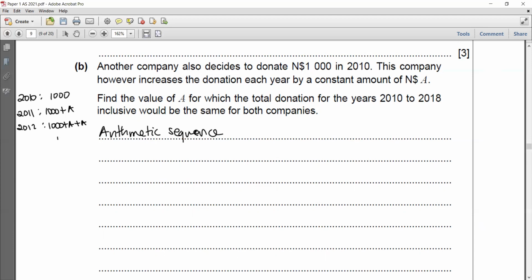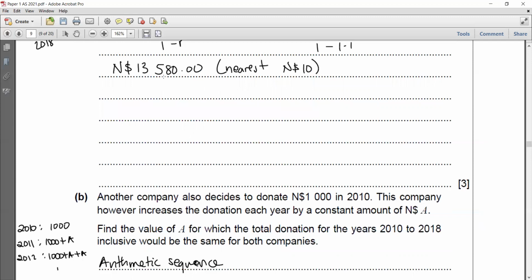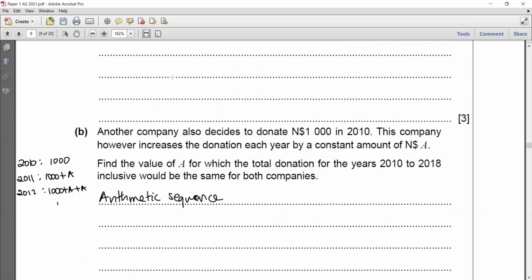Okay, now find the value of A to which the total donation for the years 2010 to 2018 inclusive would be the same. So we're going to use this amount here to the nearest $10. So we want the total. So they want to say, okay, we've donated the same total over the years.